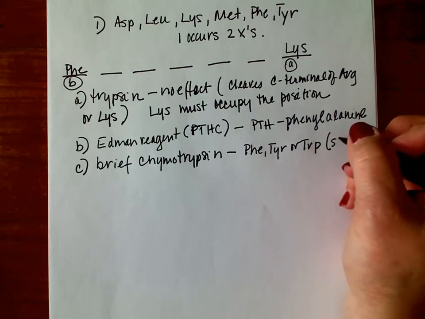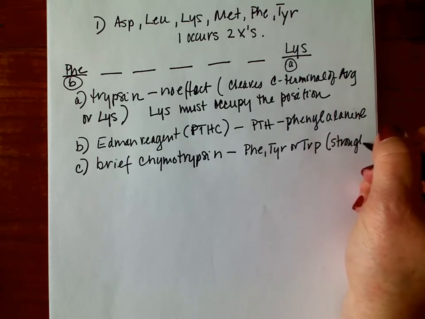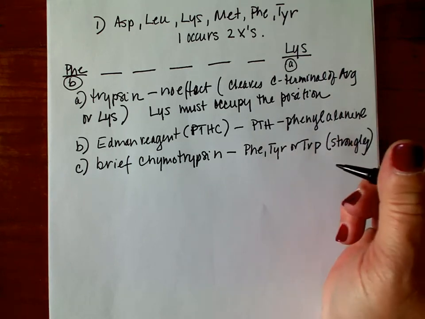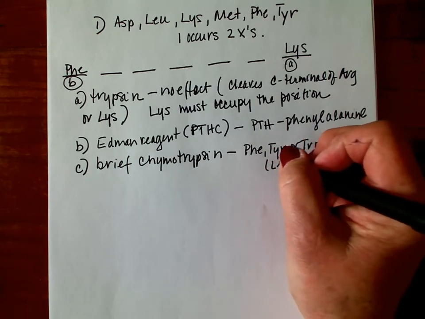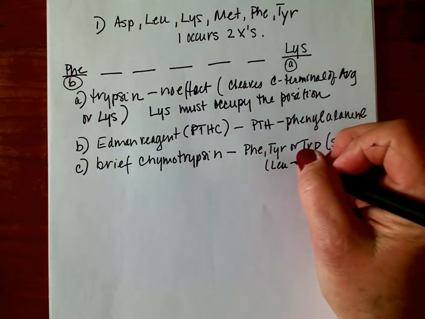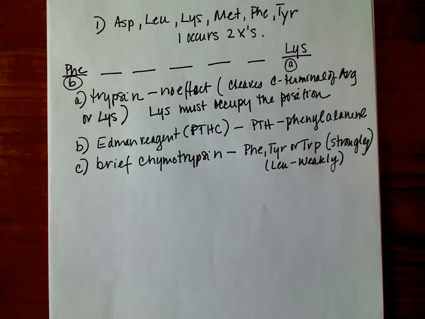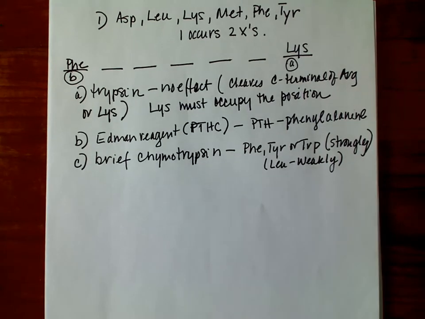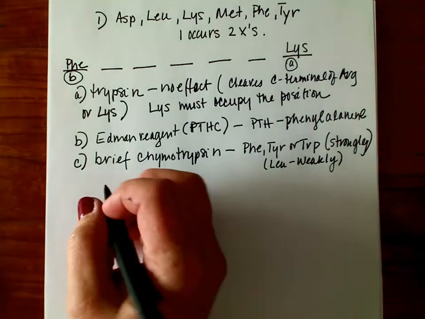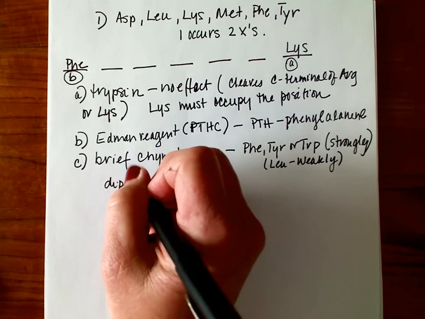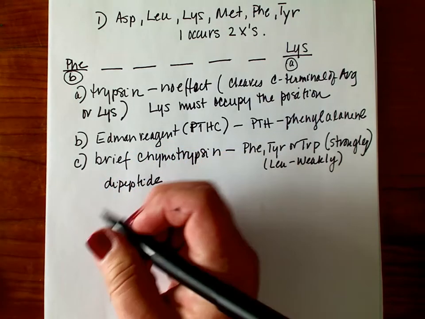Strongly. And for future reference, it does cleave weakly, but we're only briefly treating this so that cleavage should not occur. And with that treatment, we get a dipeptide and a tetrapeptide.